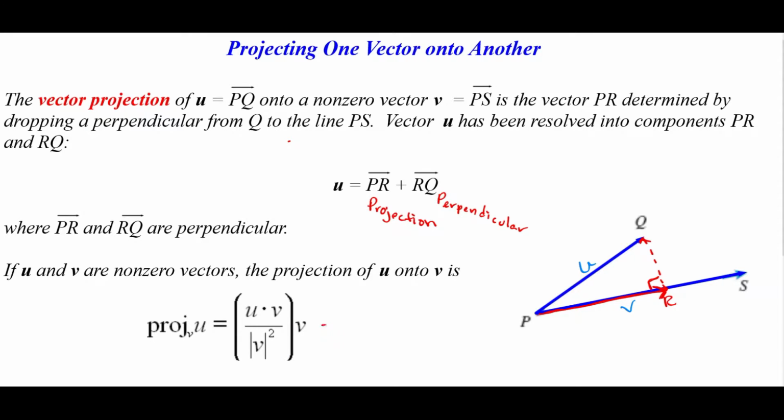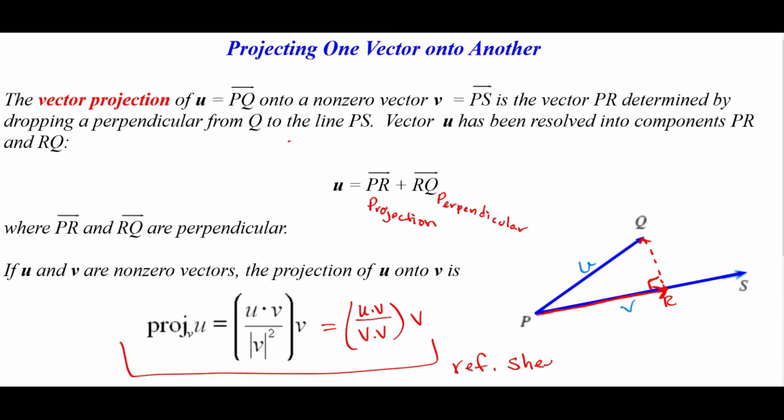Remember that the magnitude of v squared can also be written as v dot v, so we could rewrite this as u dot v over v dot v times v. This formula will be on your reference sheet, so you don't need to memorize it, you just need to know how to use it.